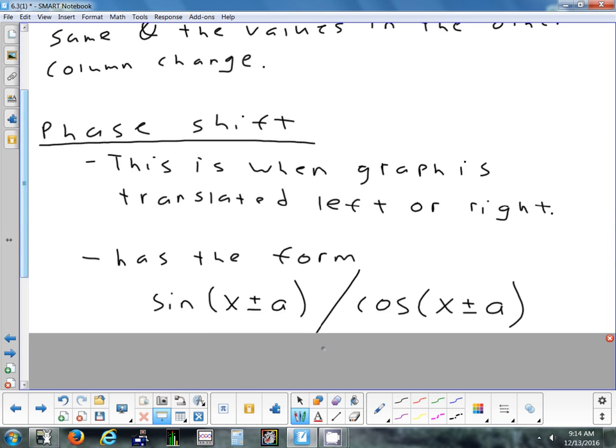What's nice about trig functions is you guys should already be kind of good at them, because everything is the same that you already know about other transformations. Nothing changes here. When you add or subtract a number inside the function, that shifts it left and right.